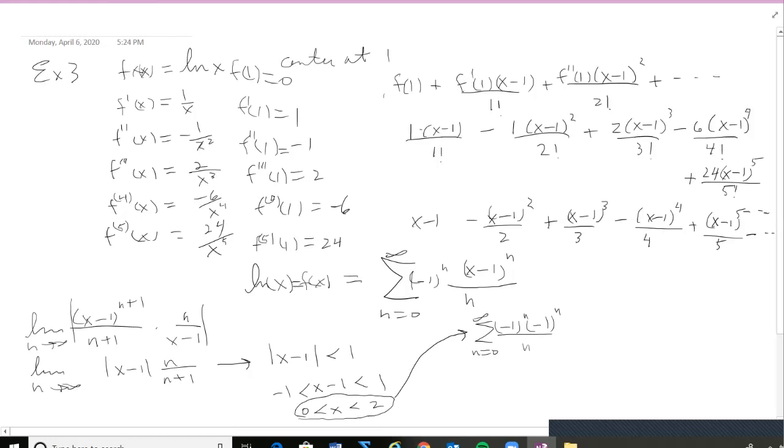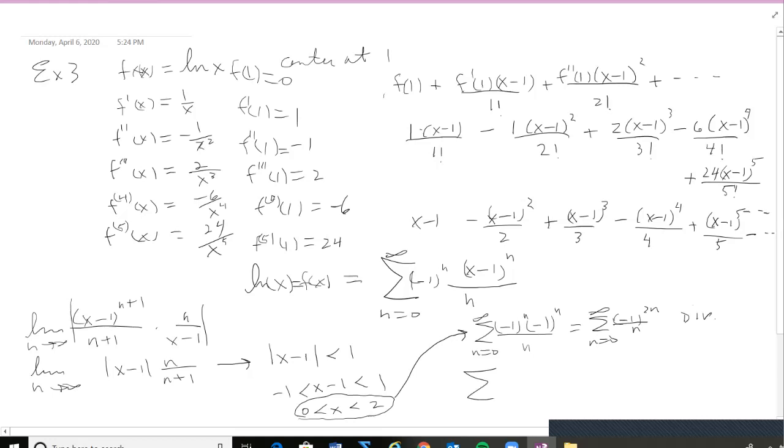So that would become negative 1 to the 2n over n, which is a positive 1 over n. So that would be divergent, because that's a harmonic series.